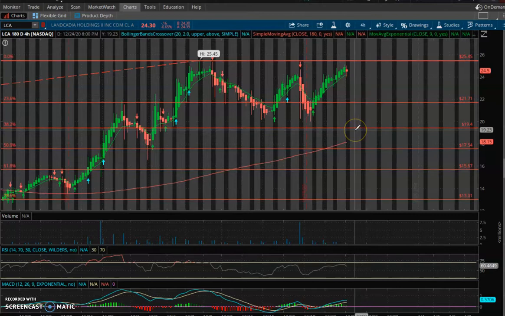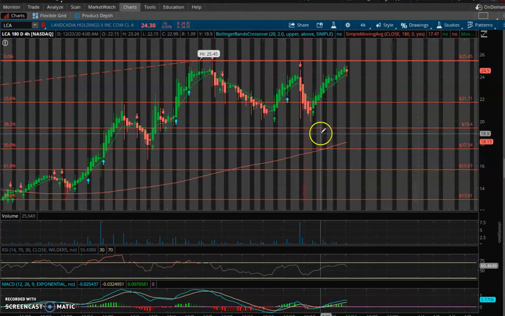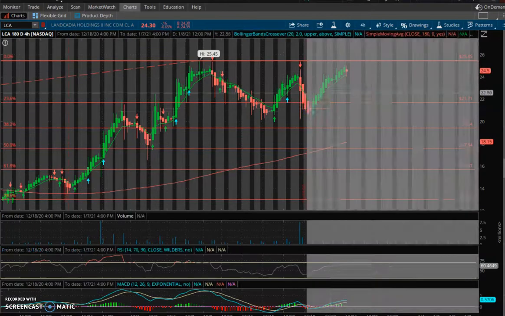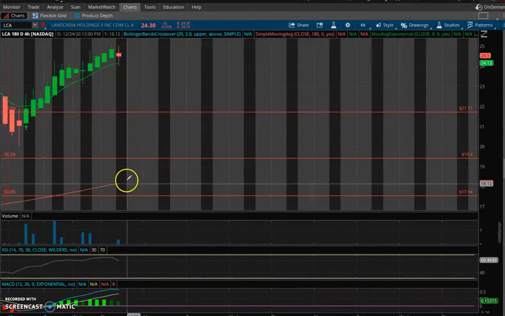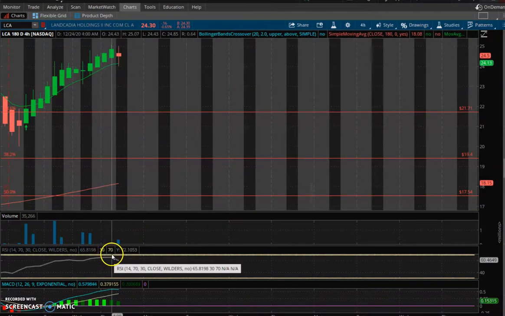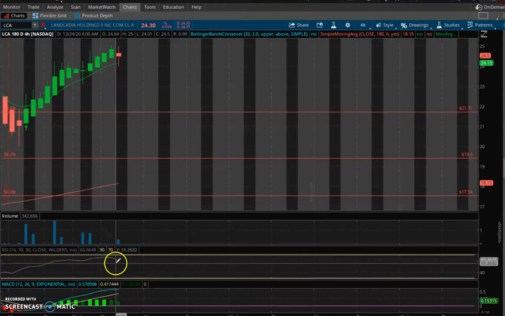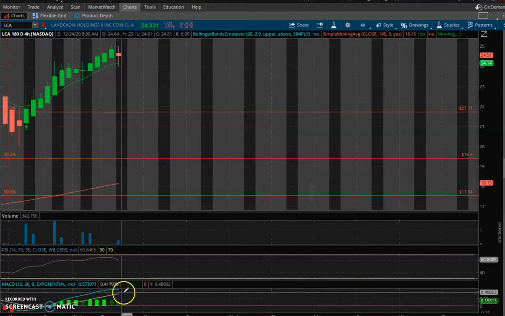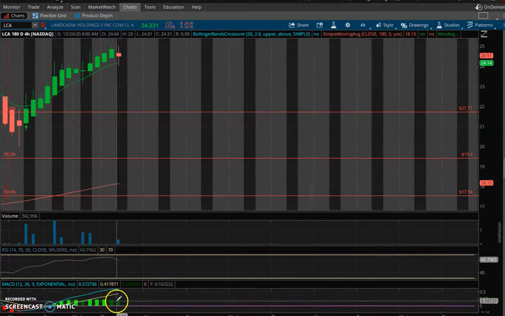The way that I really make my decision on that is, I see the doji candle. As you can see here, we have a red doji candle coming up. I'm going to look at my RSI, and I notice that this stock was close to overbought, pretty high up. And I'm looking at the MACD, which is favoring that it's going to cross over to red soon.